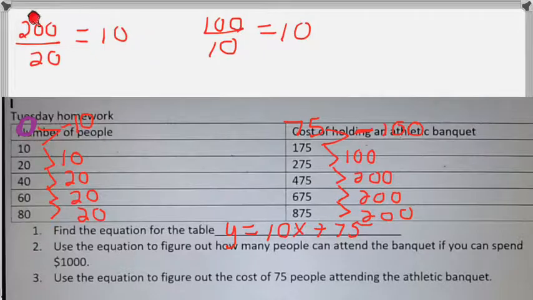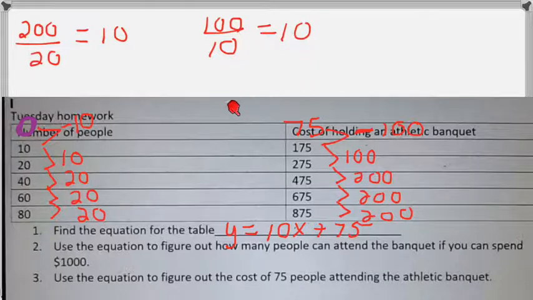When I divide the change in y carets by the change in x carets, 200 divided by 20 is 10, and when I go to the 100 here divided by 10, I still get the same answer of 10. That means that the slope, or constant rate of change, is 10.